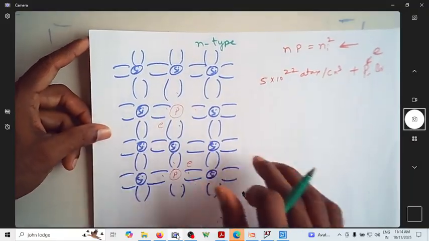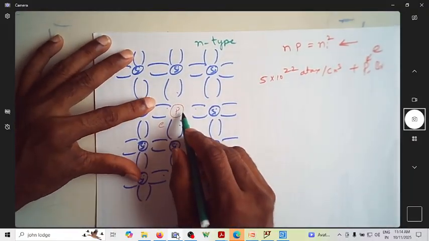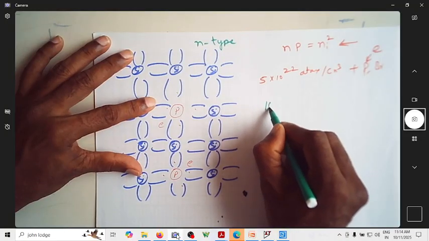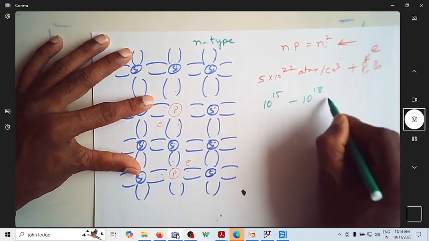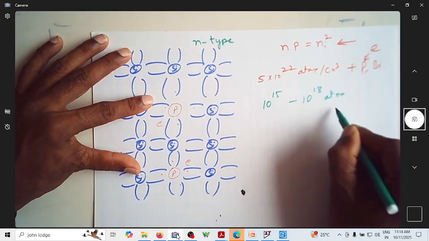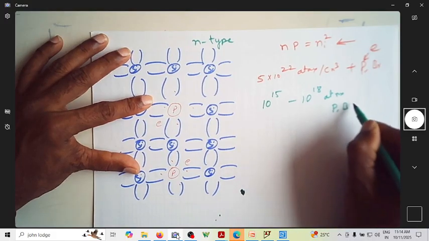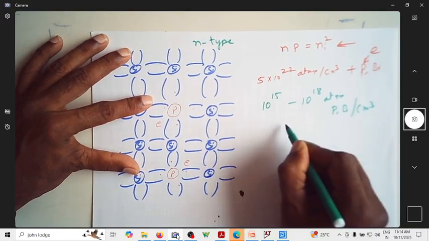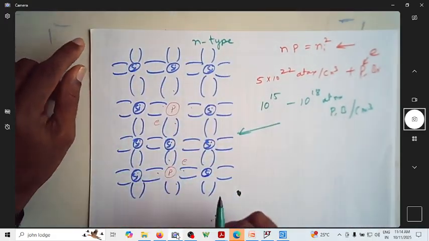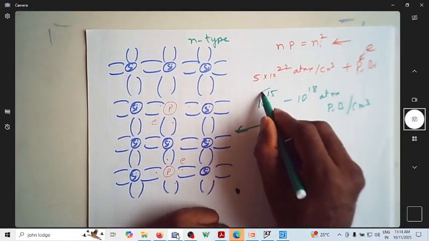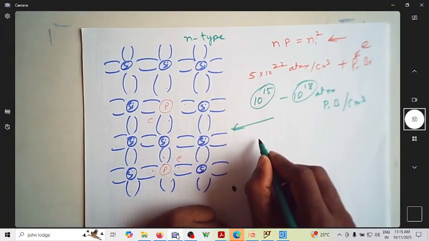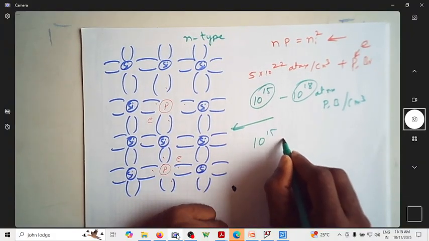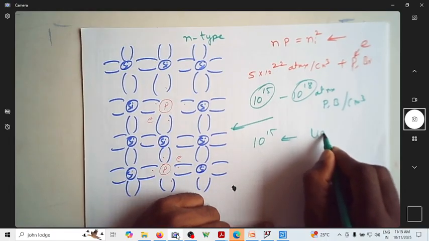Now let us identify how much doping you can do. I can add 10 power 15 to 10 power 18 atoms of either phosphorus or boron per cubic centimeter into the silicon. Depending on how much you are adding, if it is 10 power 15 added, I will say this is lightly doped.